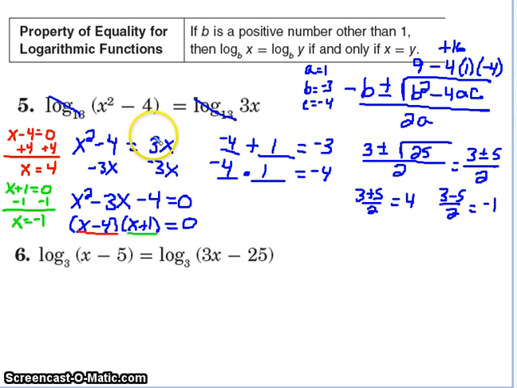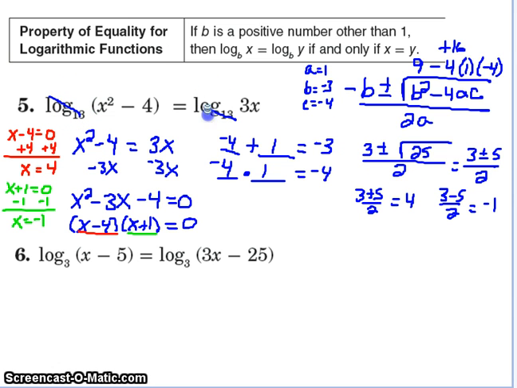Now, as usual, we have to plug in our answers and see what we end up with. So if we plug in and check 4, then that's going to give us 4 squared minus 4, or 12, the log base 13 of 12.